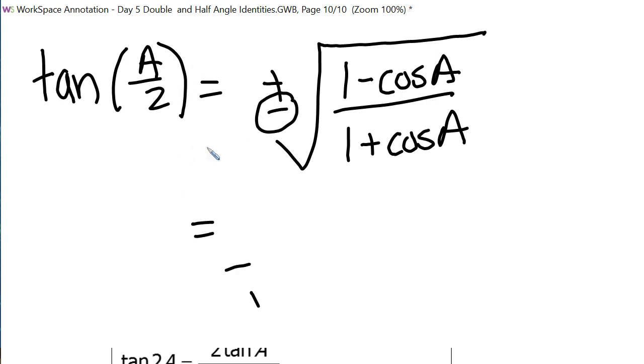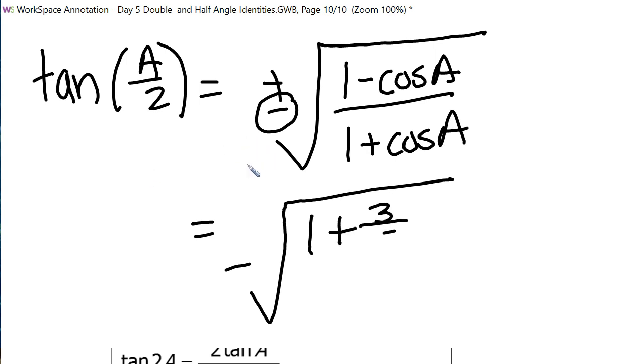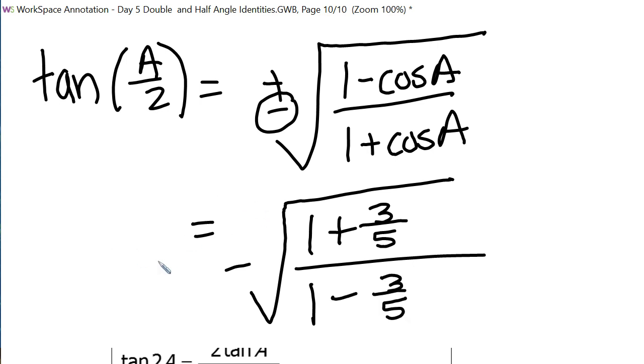So it brings up the negative. We'll have our square root of 1 minus, what's the cosine of A? Negative 3/5, so when I subtract the negative, this changes to positive 3/5. And in the denominator, 1 plus negative 3/5 would be 1 minus 3/5. Now instead of 1, I'm thinking of this as 5 over 5.